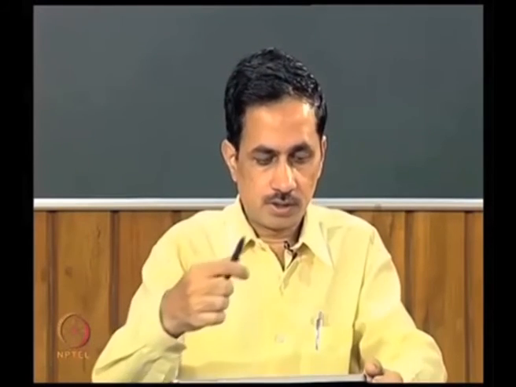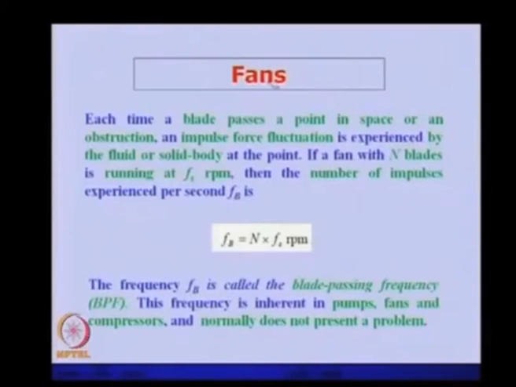Now we will take up some more case studies, especially of the fans which are there in the industry. So in this particular case, we are describing industrial fans. Each time a blade passes a point in space or an obstruction, an impulse force fluctuation is experienced by the fluid or the solid body at that point.